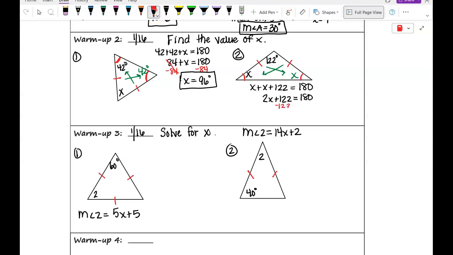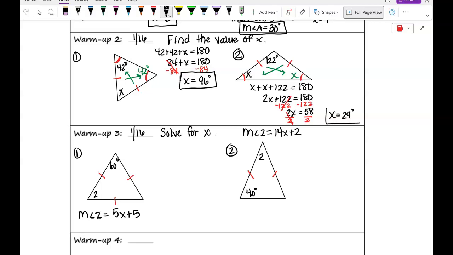If I subtract 122 from both sides, 2x equals what? What is 180 minus 122? 58. Then that last step, I have to divide both sides by 2. So what does x equal?